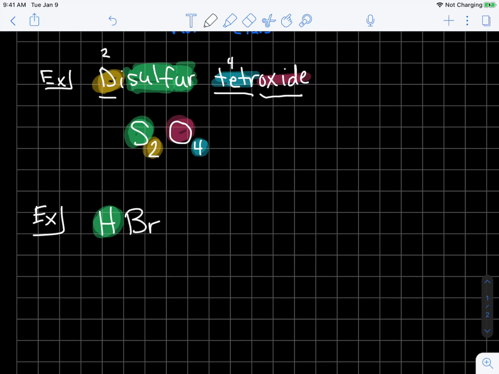But you don't see a 1. You do not have to write mono. This is hydrogen. We do not need to write the word mono unless it's the second nonmetal.